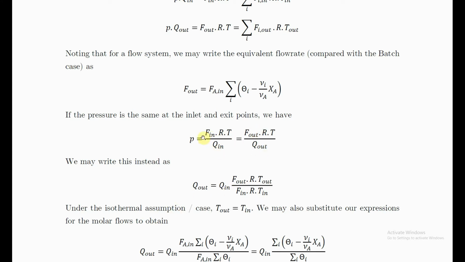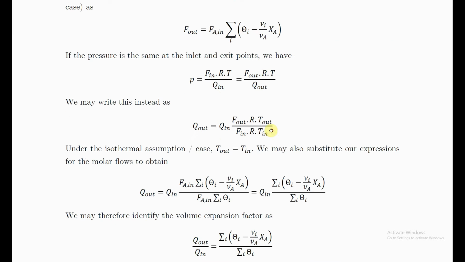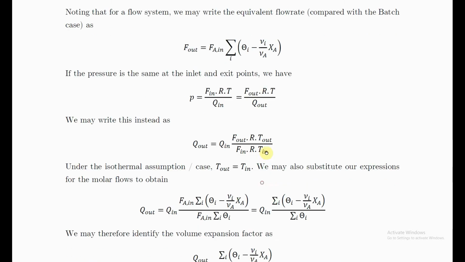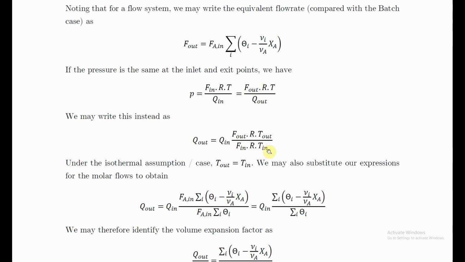So you can multiply by Q out and then divide by this, and you get Q out equals Q in times this ratio. So this is all nothing but this thing here rearranged. Here I didn't specify, I should have said T in and T out, so just make that correction, please, T in and T out. And so we would write that like so.